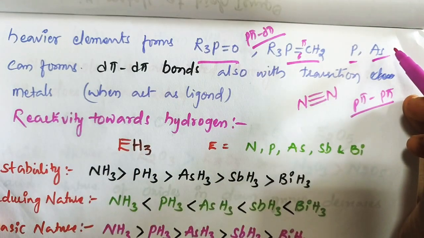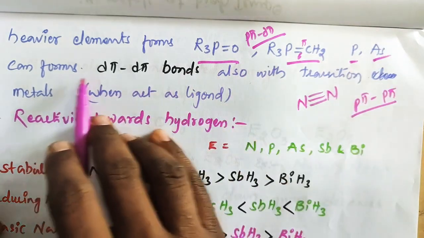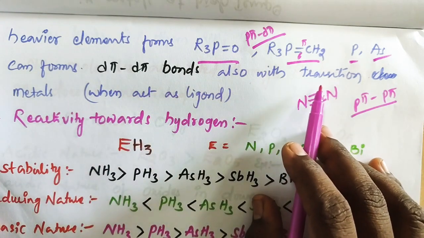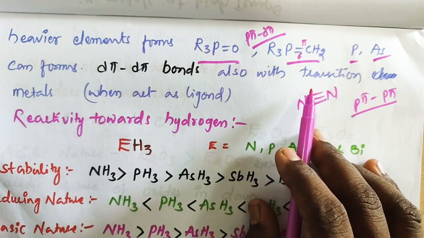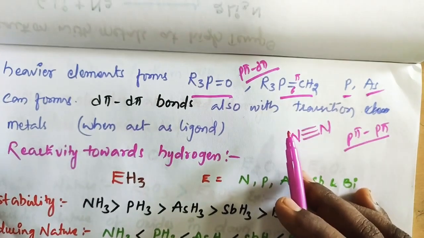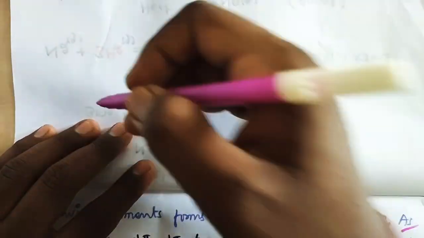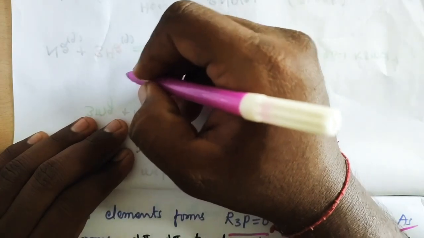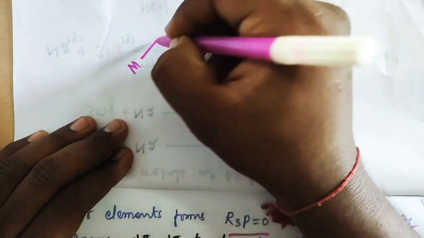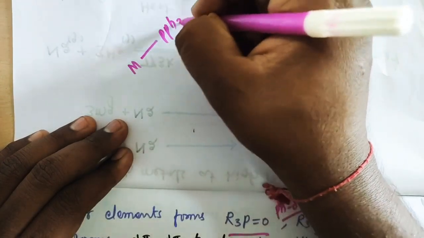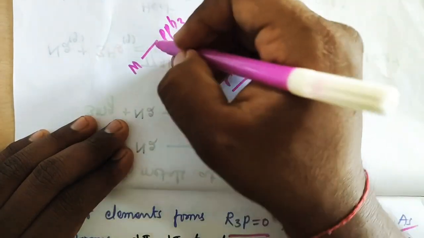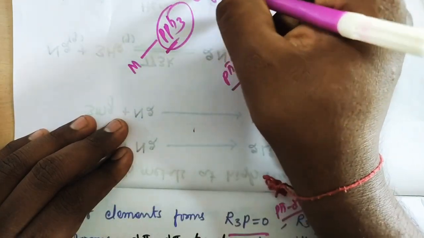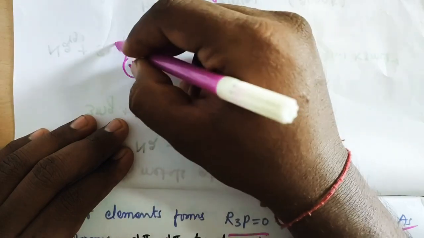Phosphorus and arsenic can form dπ bonds also with transition metals. For example, take one of the metals bonded with PPh3. Here, the phosphorus compound PPh3 is a ligand and this is a metal.